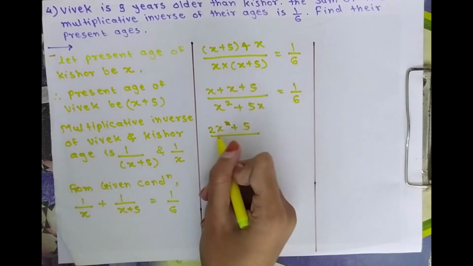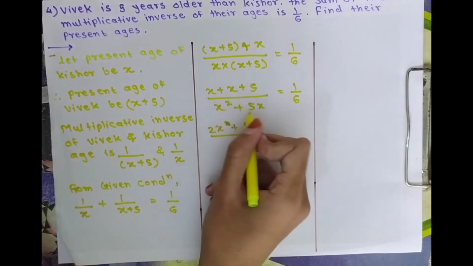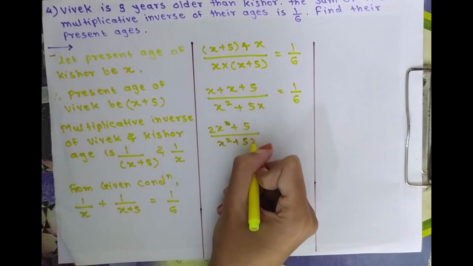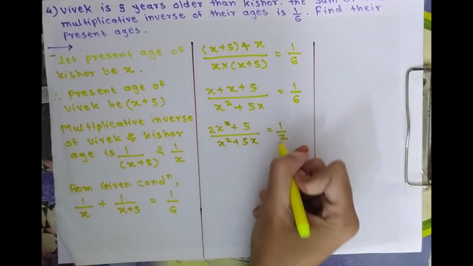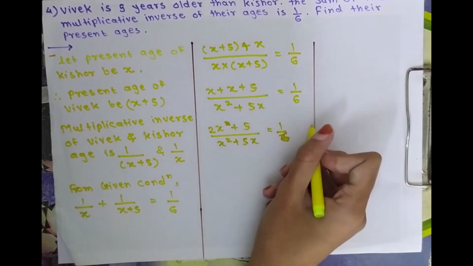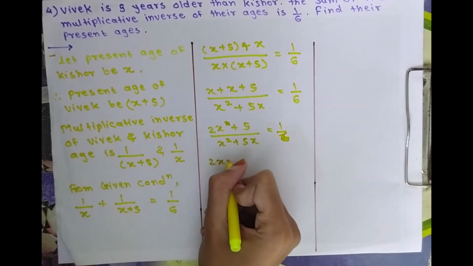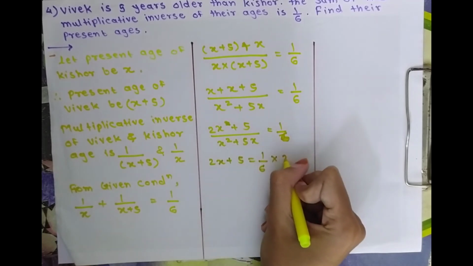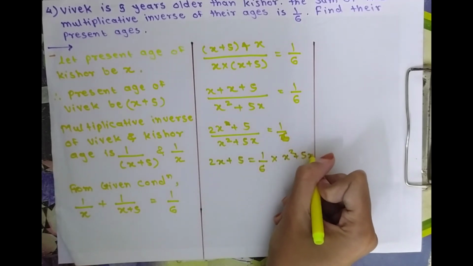x plus x is 2x plus 5 upon x square plus 5x is equal to 1 upon x. Now this upon goes on multiply. So 2x plus 5 is equal to 1 upon 6 multiplied by x square plus 5x.